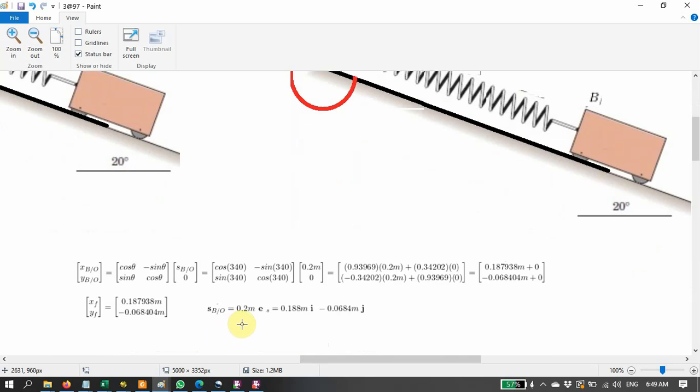So we can get the position vector expressed in the s coordinate system, because the body is moving in the positive s direction, 0.2 meters, and we have 0.188 meters in the x direction and minus 0.0684 in the negative y direction.